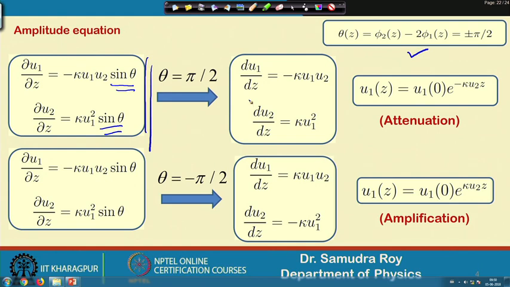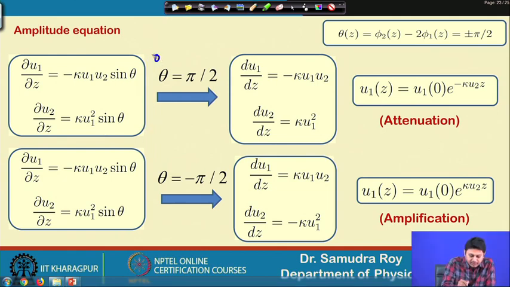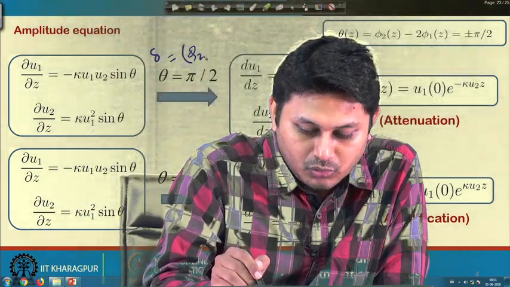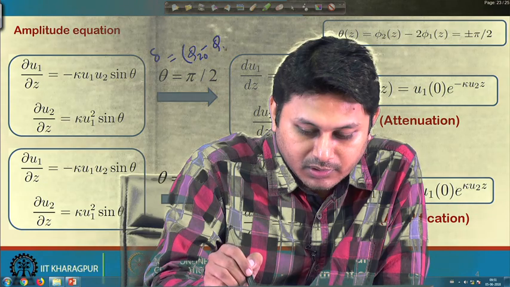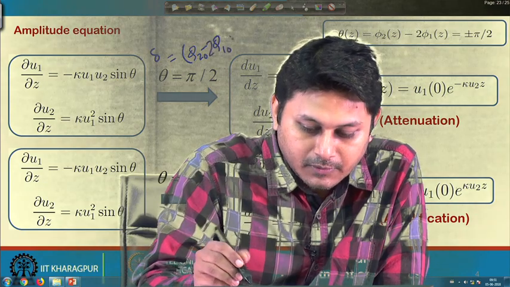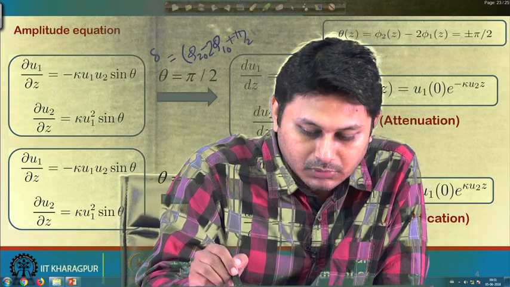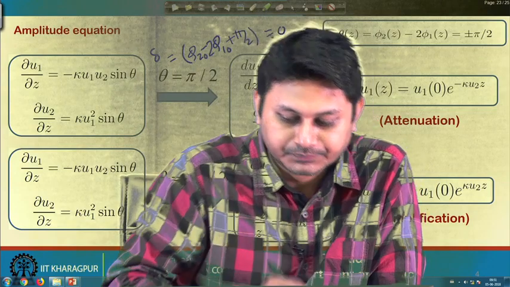So, now here we can see that if I put delta equal to pi by 2... Let me write first in terms of delta what we had in the previous. Delta was equal to phi 2 0 minus 2 phi 1 0, then plus pi by 2 is equal to 0.